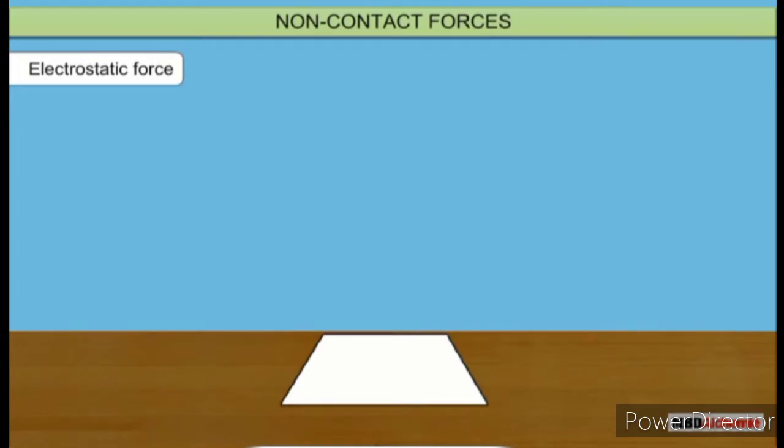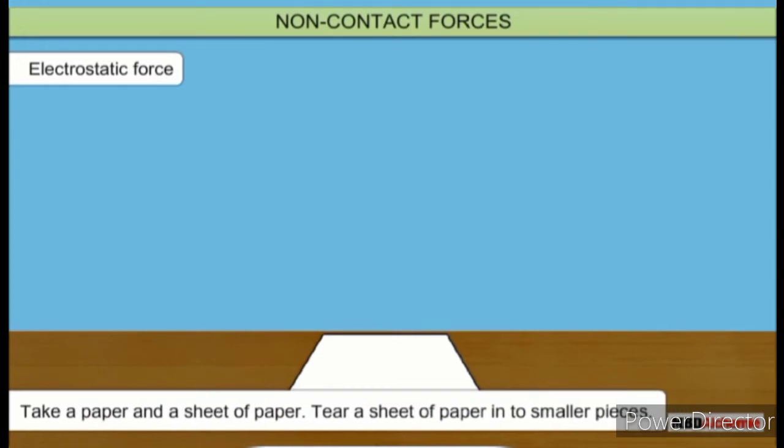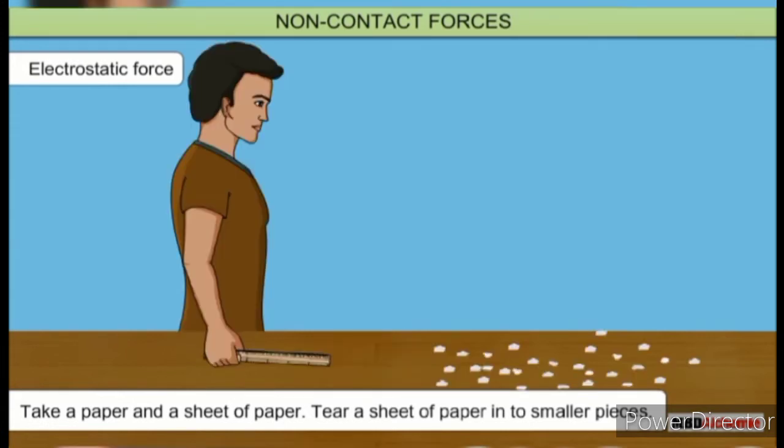Let us do an activity to show the electrostatic force of attraction between two objects. Take a sheet of paper. Tear the sheet of paper into smaller pieces.